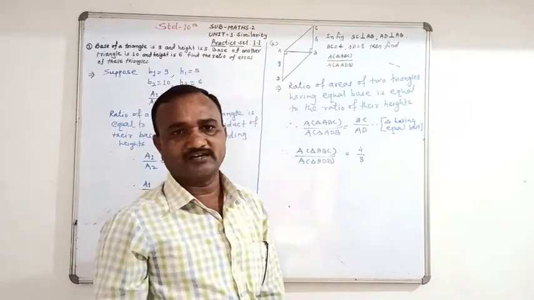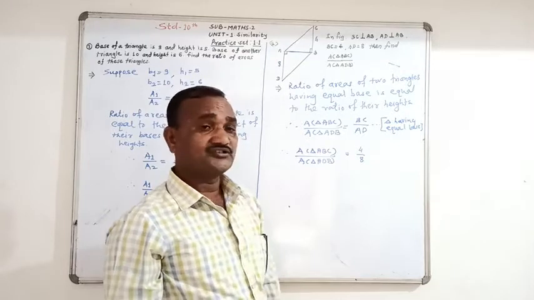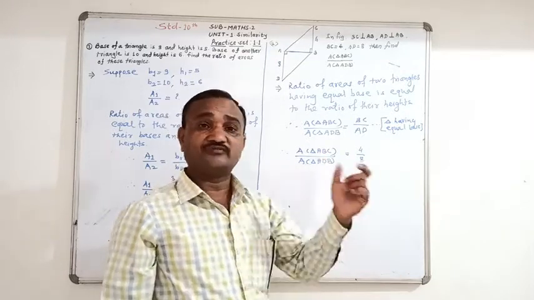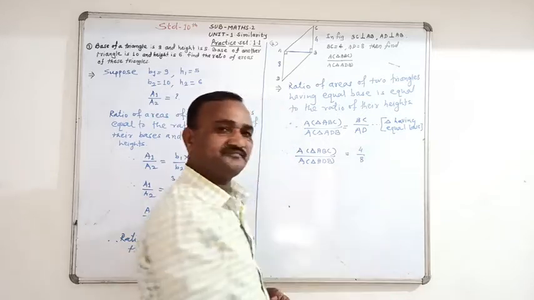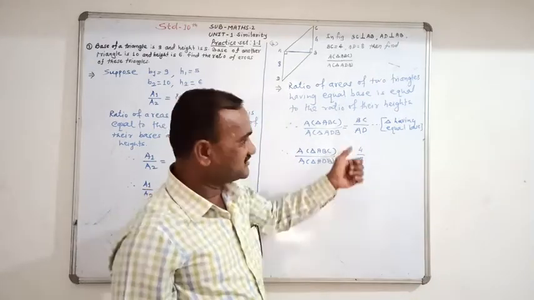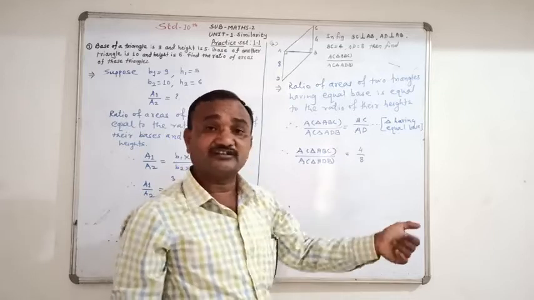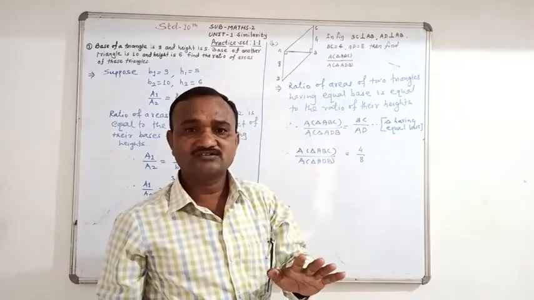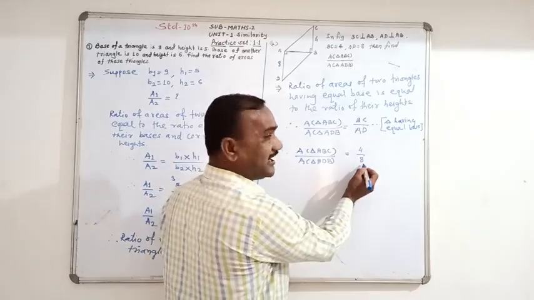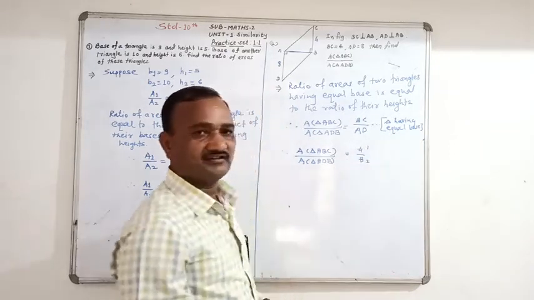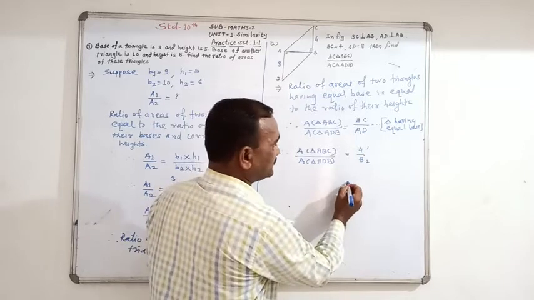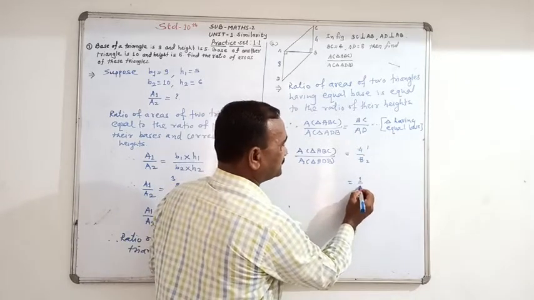So 4 divided by 8, or 4 upon 8. So you know a ratio is always written in the simplest form. So can you simplify the right hand side? Yes, we can simplify because 4 and 8 are multiples of 4. So we divide 4 and 8 by 4. 4 ones are 4, 4 twos are 8. So we get the simplest form of this ratio as 1 upon 2.